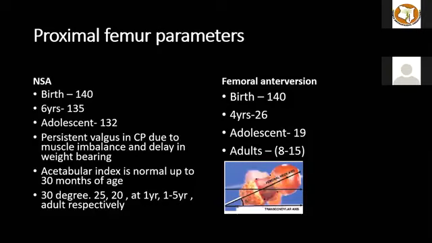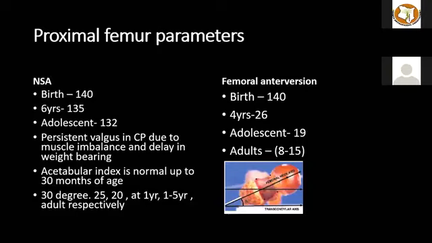In cerebral palsy, the neck shaft angle remains more open than in normal children. The acetabular index is normal up to 30 months of age. So if we pick those children before 30 months of age, which is roughly 2 years, then we are able to prevent these acetabular malformations.